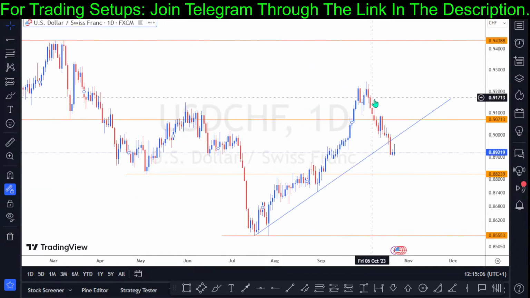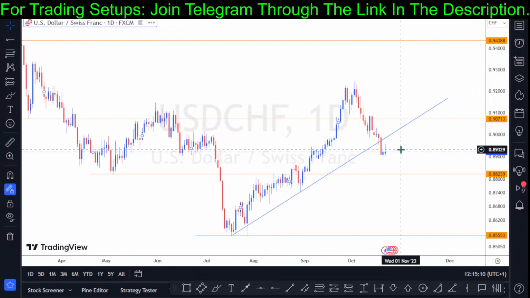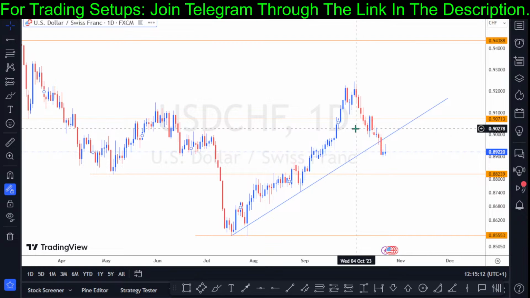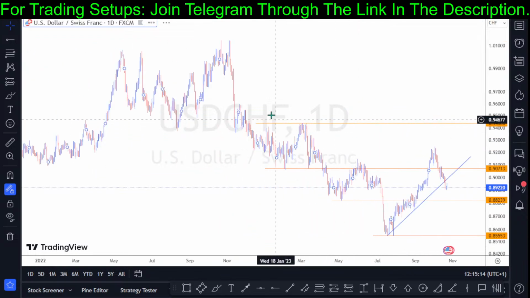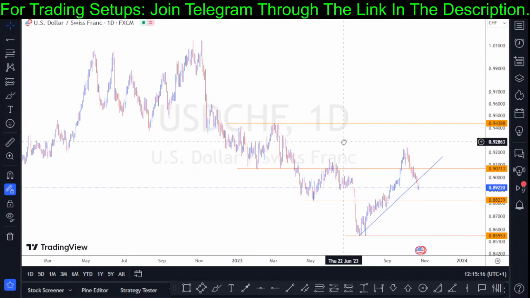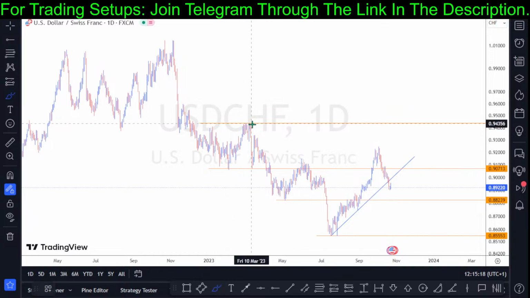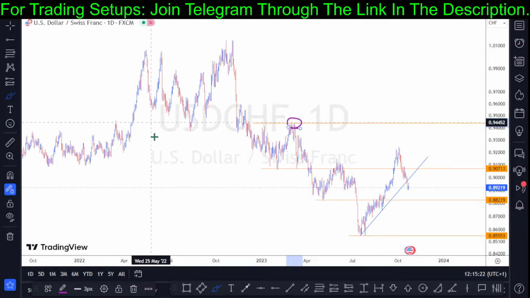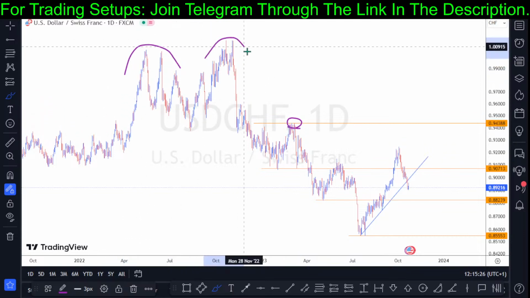We have price gravitating in a downtrend, but the pattern we got right here, I don't so much like this structure. Based on what we have in this downtrend, we can see the market structure from this lower high swing, which was a retest of the double top structure we had right here. This is the first top and this is the second top.